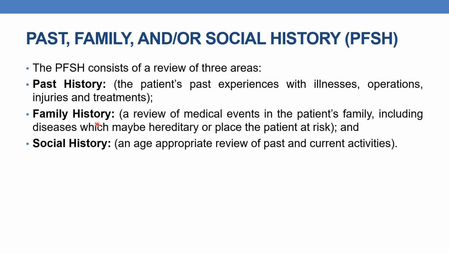For example, family history of diabetes, cardiovascular disease, cancer, all these things come under family history. Next is social history, an age-appropriate review of past and current activities. Social history mainly involves the social activities of a particular person, that is, his smoking status, etc.